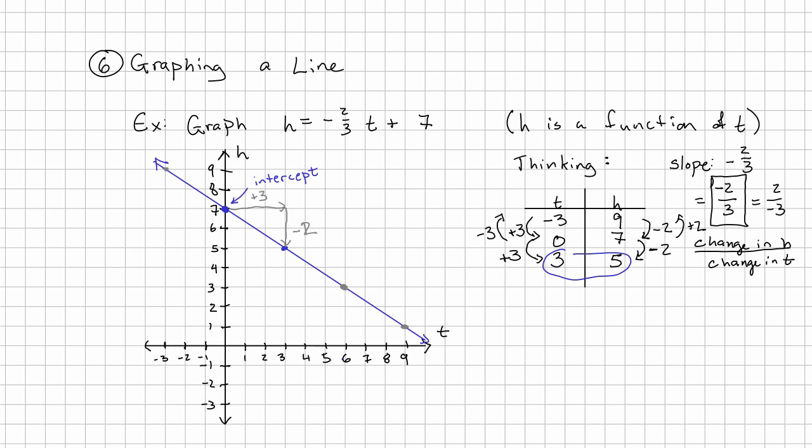Backwards is left 3 up 2, here's another point. So if we're not using a ruler, we can fill in those extra points to help guide the line that we're actually drawing. Under a few circumstances, we're going to want to draw a line very carefully with a ruler, but most of the time, if we want a very carefully drawn line, we're going to get a computer to do it, which is what we're going to see in the last video in this lecture.